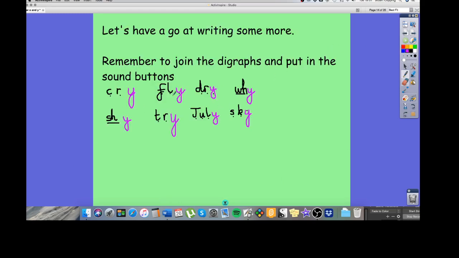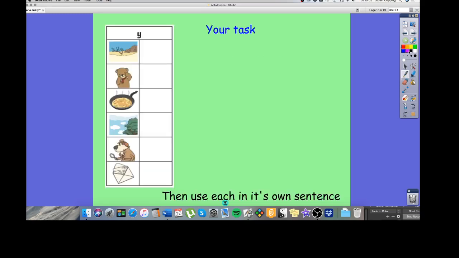So what I'm going to do is I'm going to use one of these. I'm going to use fly in a sentence. Okay? So here's my sentence. It starts with a capital letter. I want to fly on a great ice dragon.